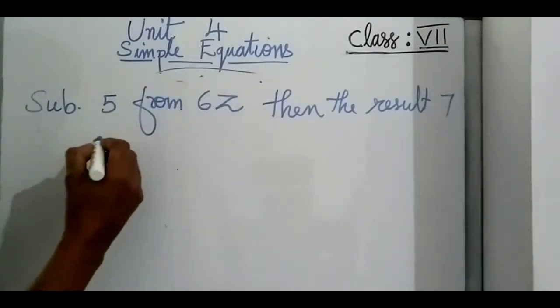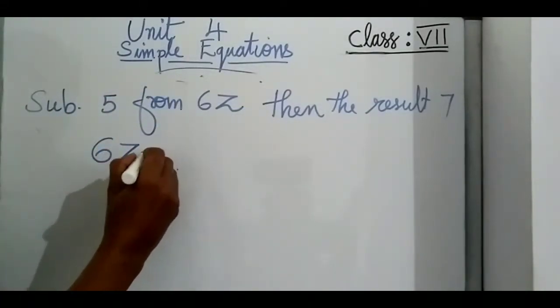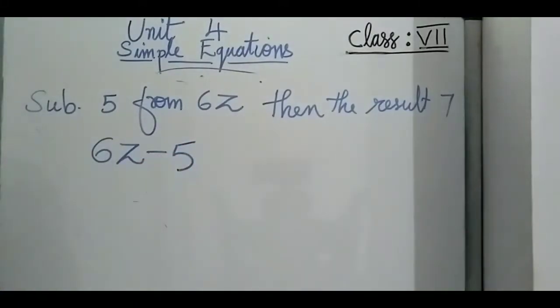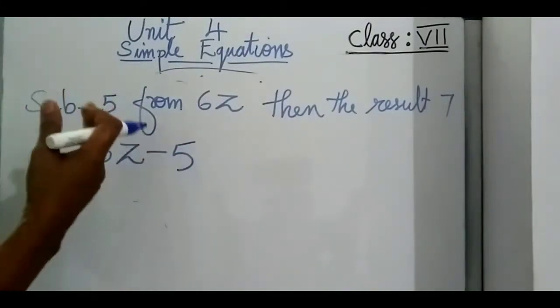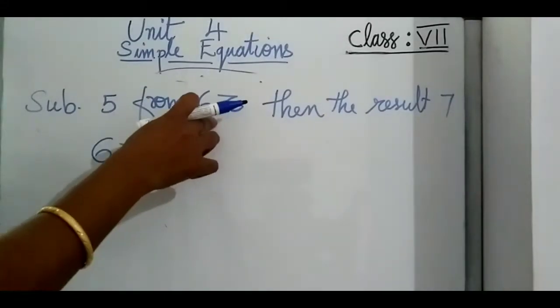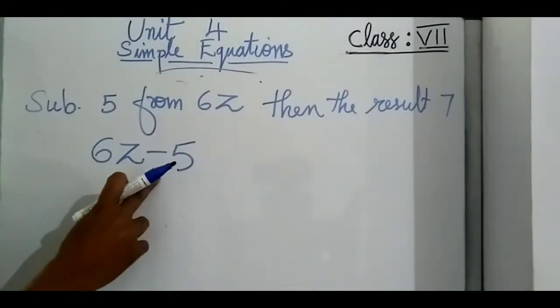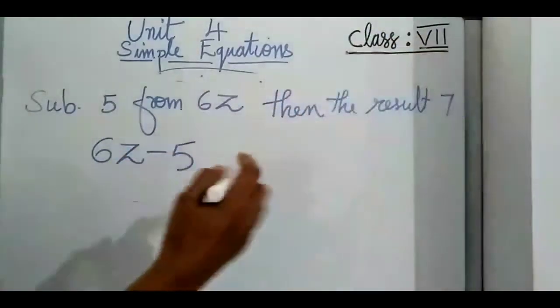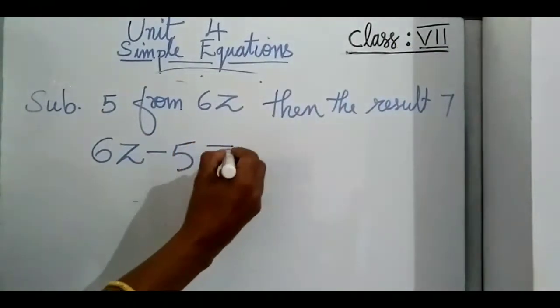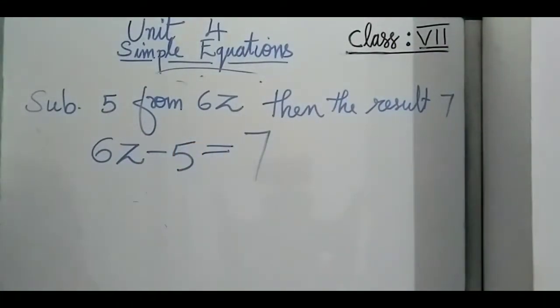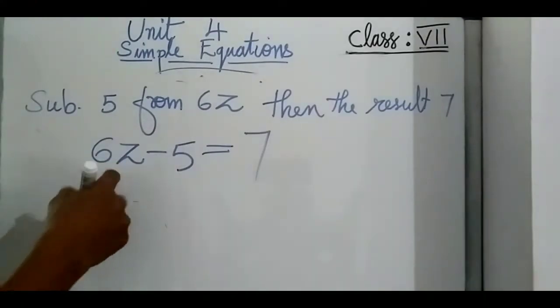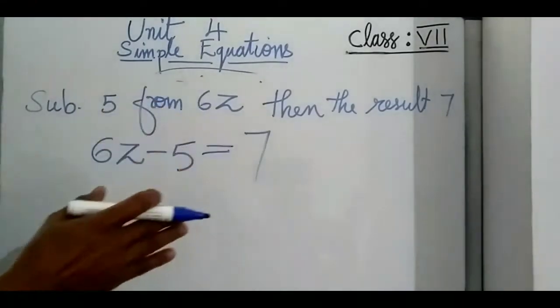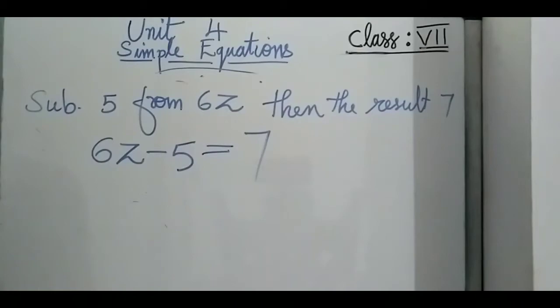From 6z. So what is the expression? 6z minus 5. Subtract 5 means we have to take away 5 from 6z. Then the result is 7; we change "the result is" to the equal sign. So 6z minus 5 equals 7.